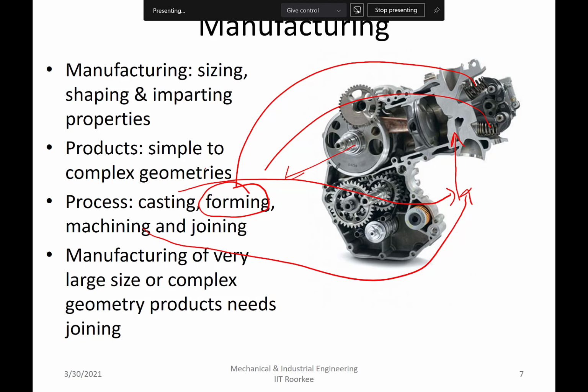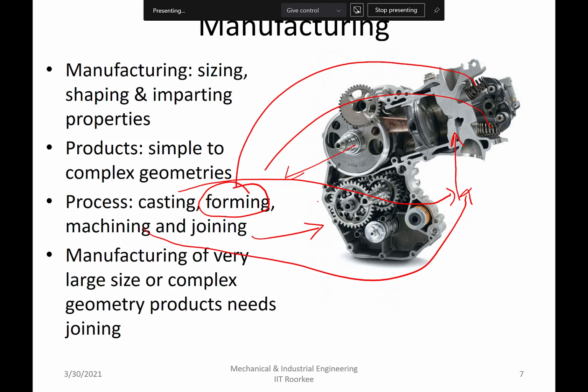So one system may require different processes, casting, forming, to make the different components, and all these have to be assembled. Assembly is realized through joining.